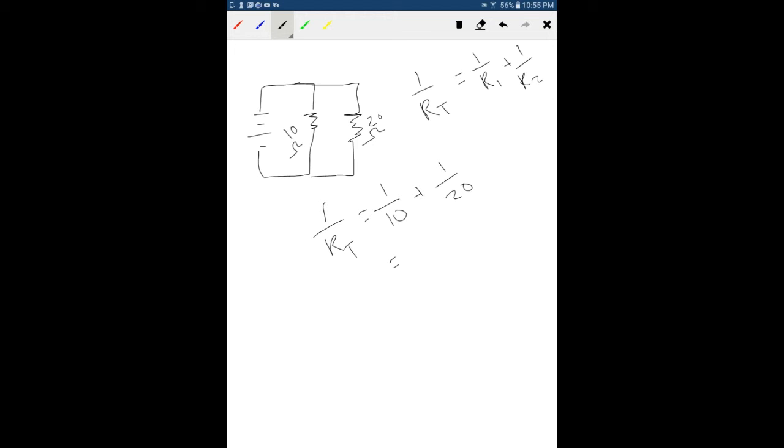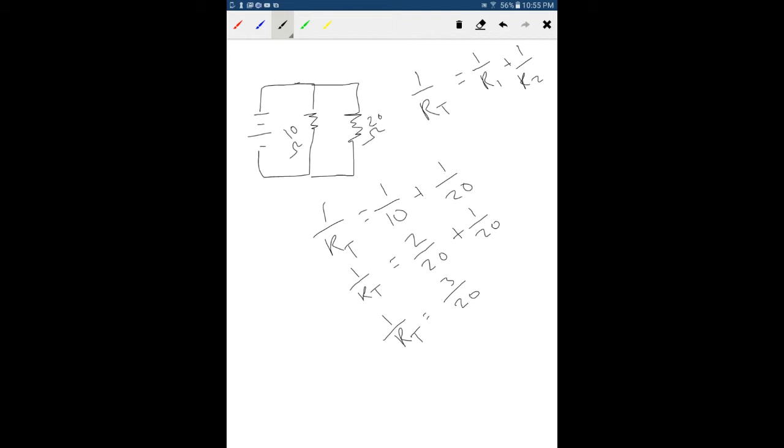I could use decimals, but I think it's probably better to use fractions. So I'm going to find a common denominator. That is 2 over 20 plus 1 over 20, so 1 over RT equals 3 over 20.